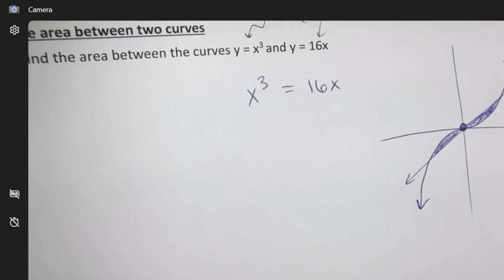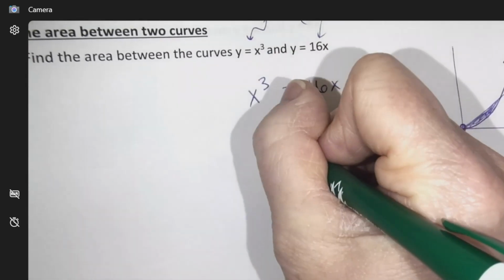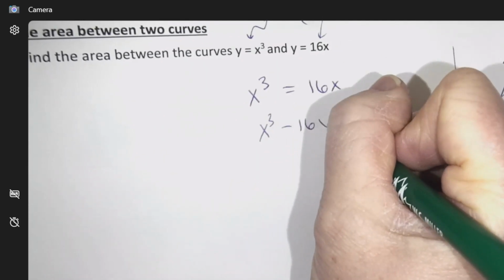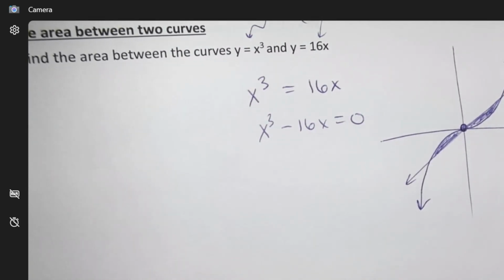What do you do to solve that? Equals 0, yep. You have to have an equals 0. Then I can GCF.